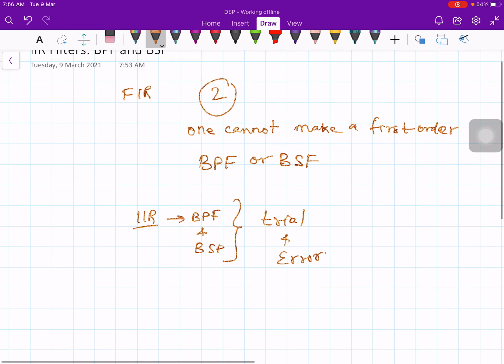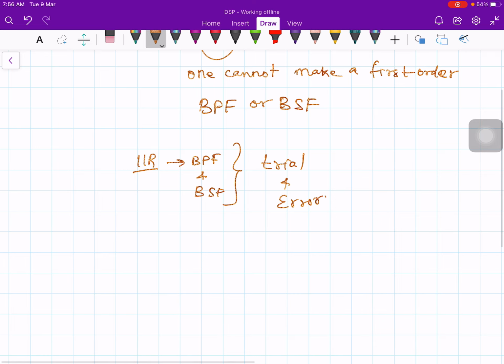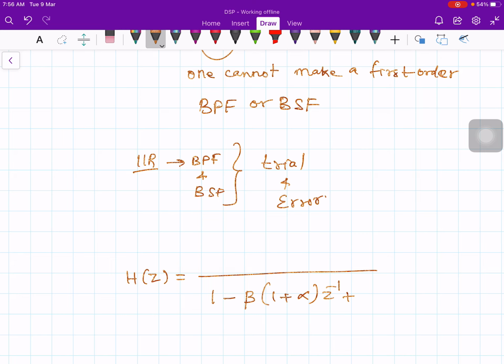The simplest second order band pass filter is H of z equal to, in the denominator, 1 minus beta times 1 plus alpha z to the minus 1 plus alpha z to the minus 2. Okay, so this denominator polynomial is obtained by trial and error method.